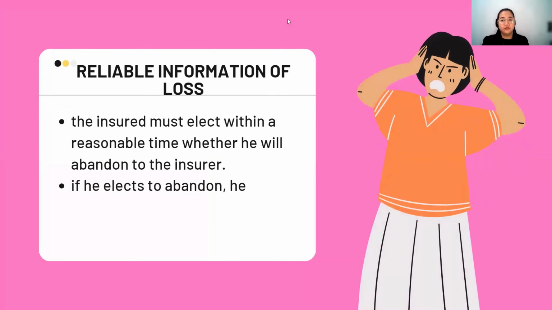Reliable information of loss. So when is there a reliable information of loss? If a notice of loss is received which is credible, the insured must elect within a reasonable time whether he will abandon to the insurer, and if he elects to abandon, he must give notice thereof.